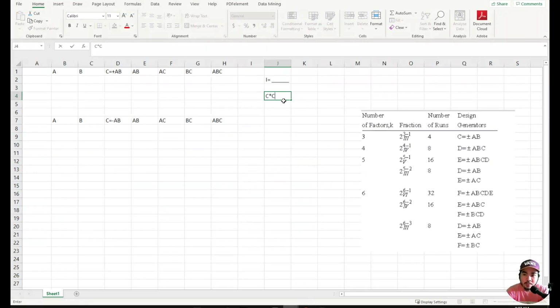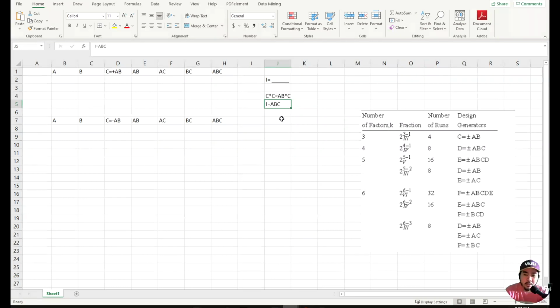So C times C is equal to AB times C. So we multiply C on both sides. And therefore, the left side becomes I, and the right side becomes ABC. So our defining contrast here is I is equal to ABC. Okay, nakuha ba yan? So that's I equals ABC.